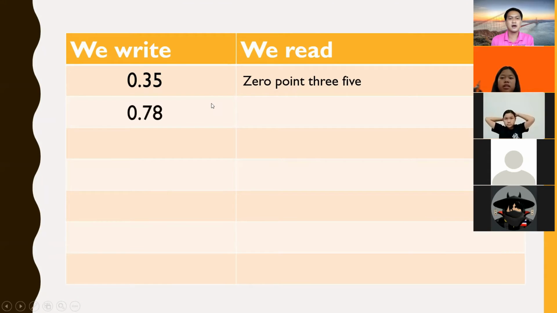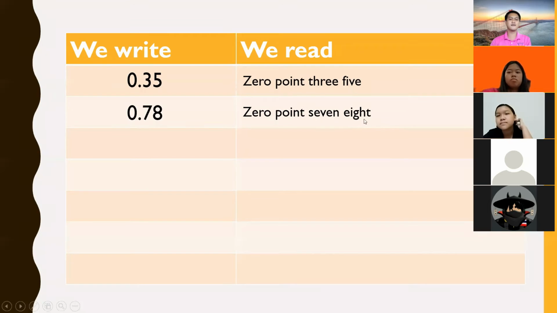Next, how do we read this one? Zero point 78. Okay, very good. 0.78 or 78 hundredths.